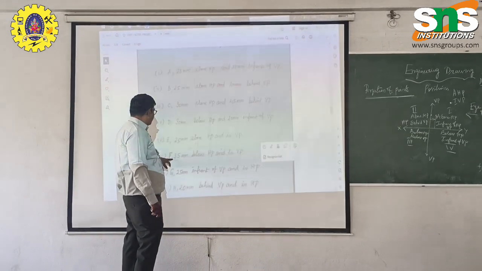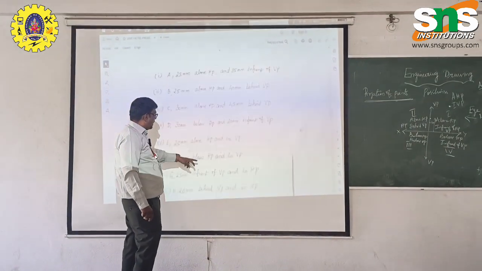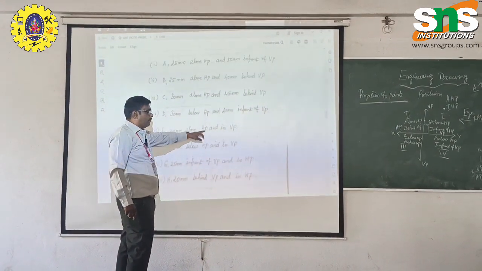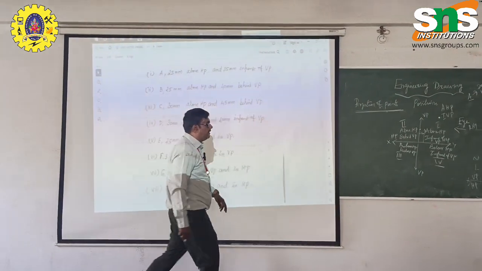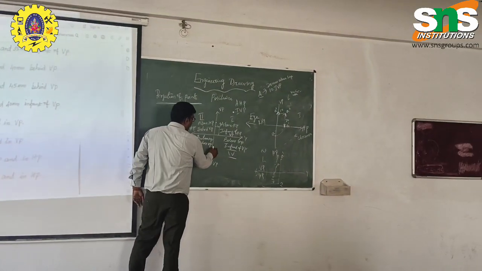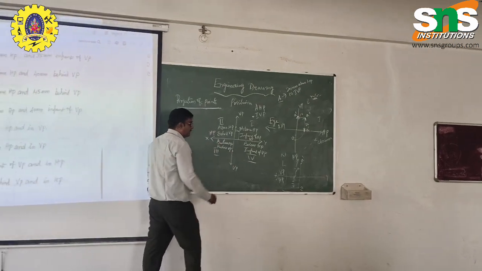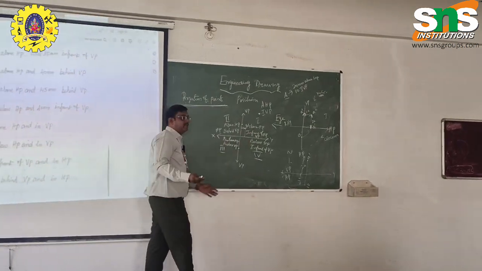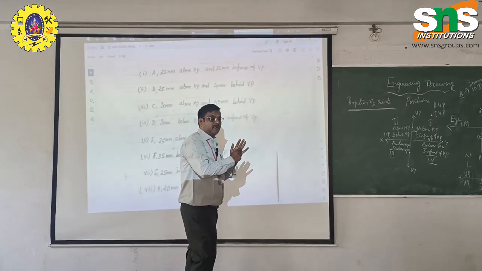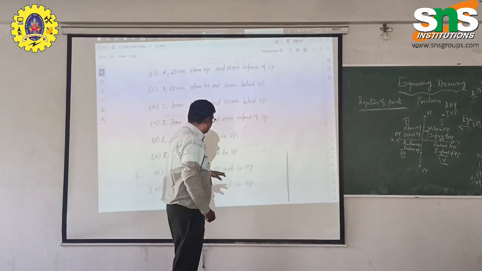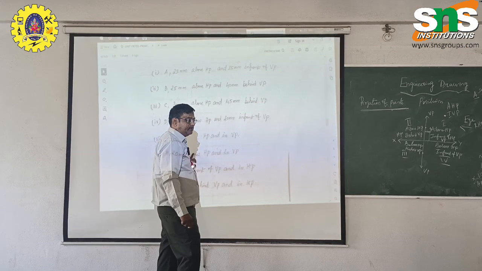Next one is F, 35 mm below HP and in VP. Same kind of problem. Below HP and in VP. This distance is not given because they say the point itself is lying on the VP itself. So this is supposed to be your fourth quadrant.